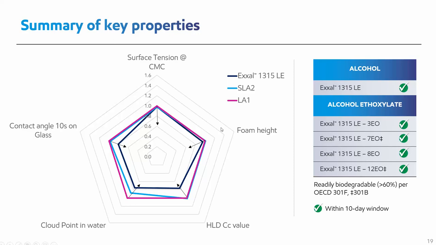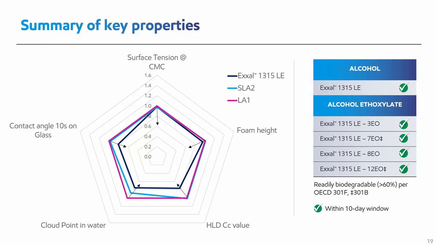The more positive CC and the lower cloud point obtained with 1315 Le ethoxylate highlight the greater hydrophobicity of the ethoxylate derivative. Lower contact angle and faster spreading are also observed for the surfactants, which may also be related to its higher branching degree as well as the position and type of branch.